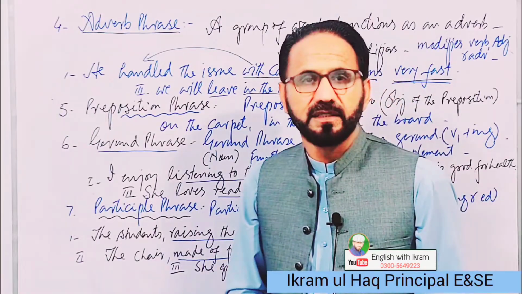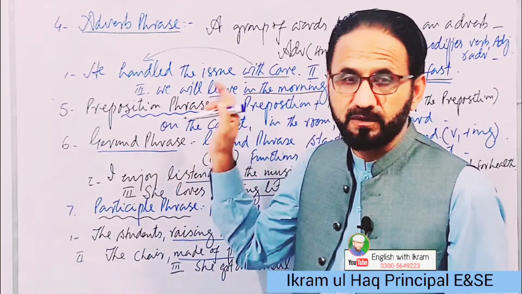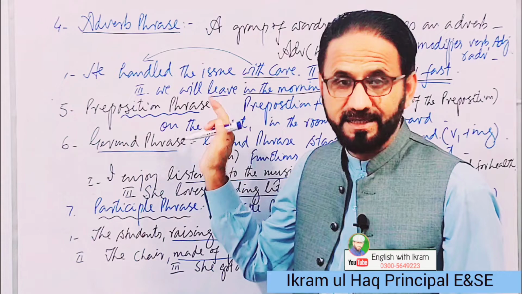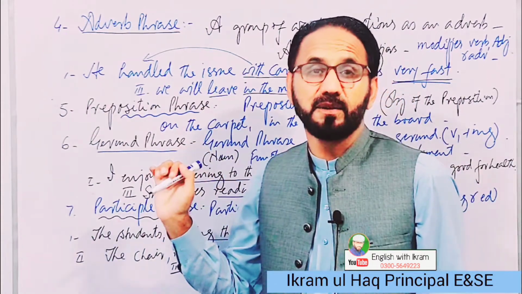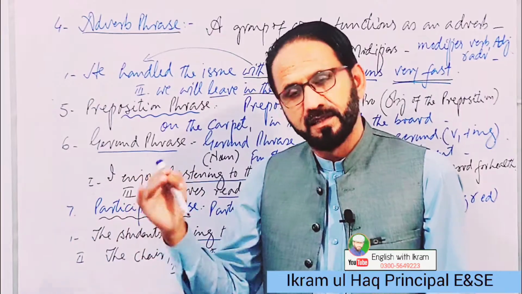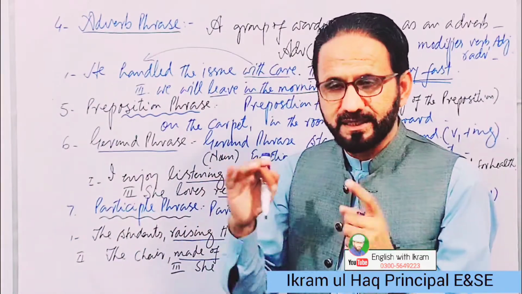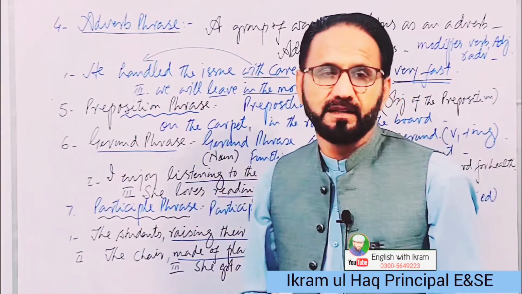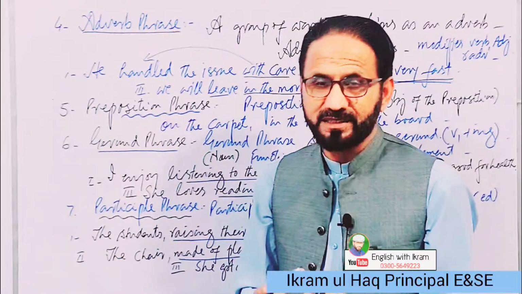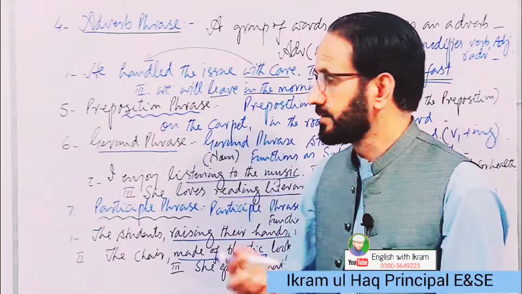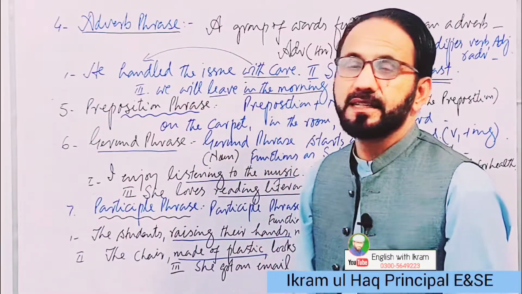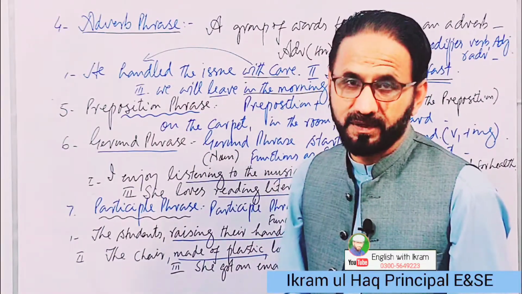It's a group of words that's telling something about a verb. When will this action take place? कब होगा? कहाँ होगा? कैसे होगा? A group of words that tells us more about the time of action, the place of action, or the manner of action is an adverb phrase. Got it? So here in this sentence, in the morning is an adverb phrase.